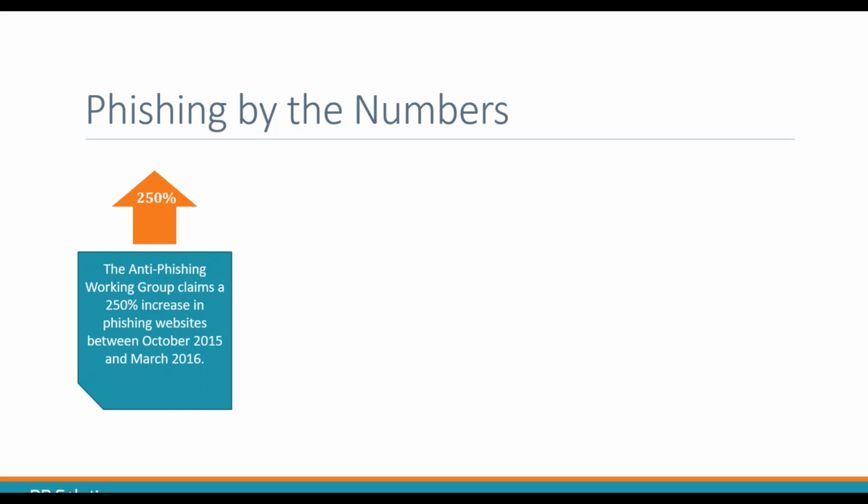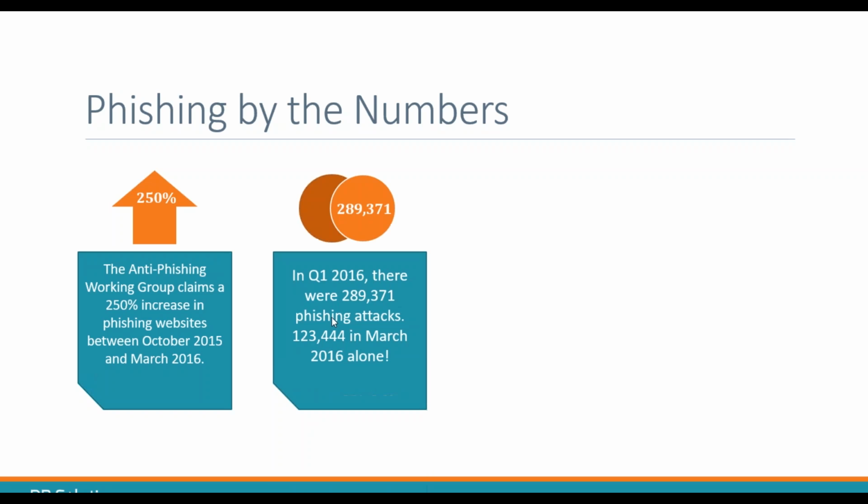It's a very cheap attack to pull off, and it's really a numbers game, so it's becoming quite popular. In Q1 2016, there were almost 290,000 phishing attacks, and almost half of them were just in March. So we were talking a 250% increase in that 6-month period. Well, month to month, it's increasing exponentially.